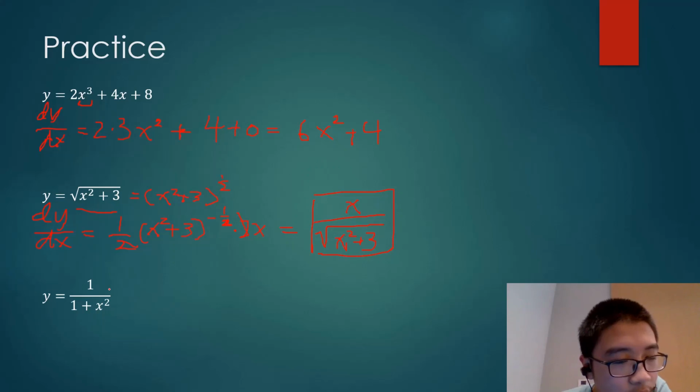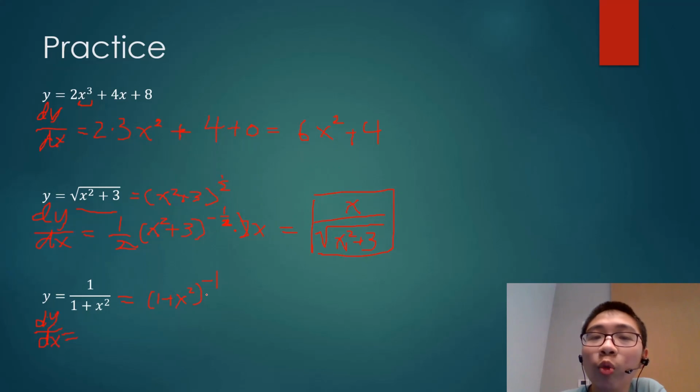The third function is really similar to the second one. What you do is convert that to the form like that. 1 over 1 plus x squared is just equal to 1 plus x squared to the negative first power. So for dy over dx, n is equal to negative 1.